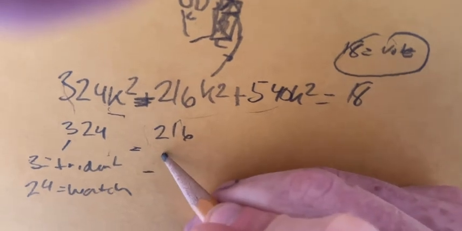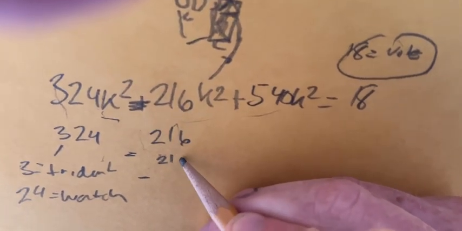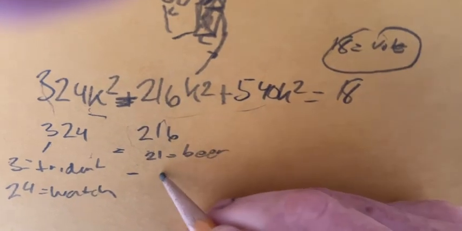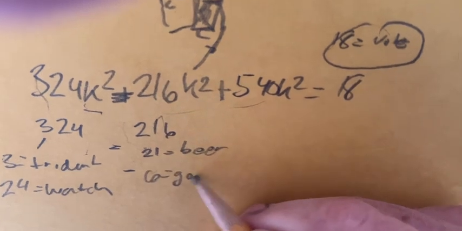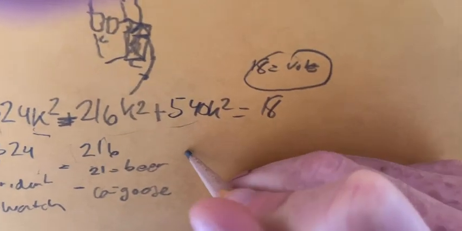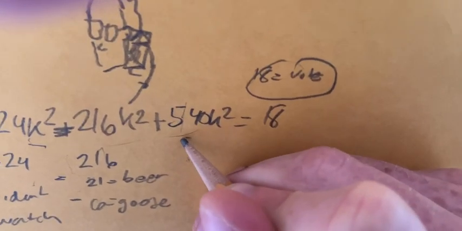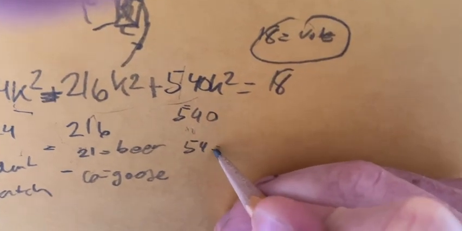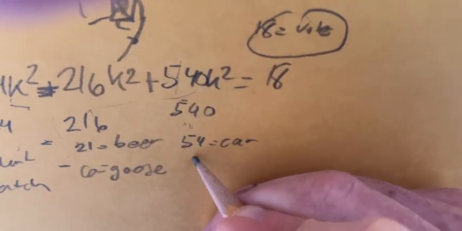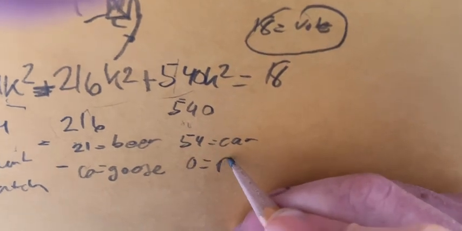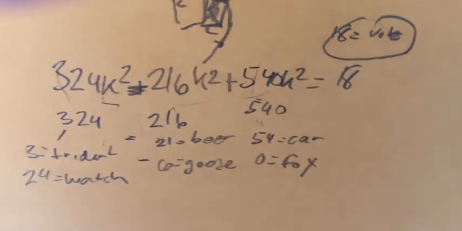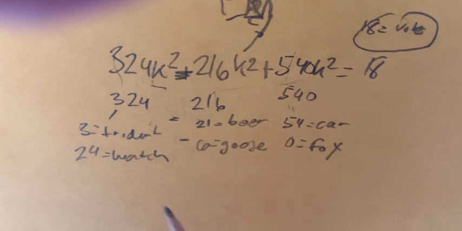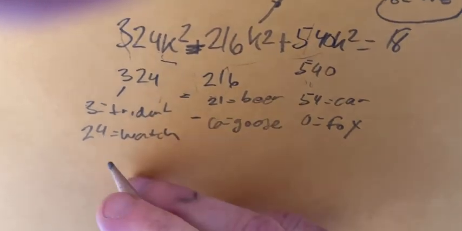Minus 21 is beer. 6 is goose. 54. I put 54 as car. There was an old show called Car 54. Where are you? 0 equals fox, because 0 is kind of like 0. Okay. So now this is what I'm going to make a story with.